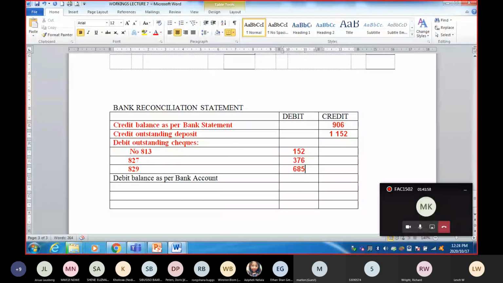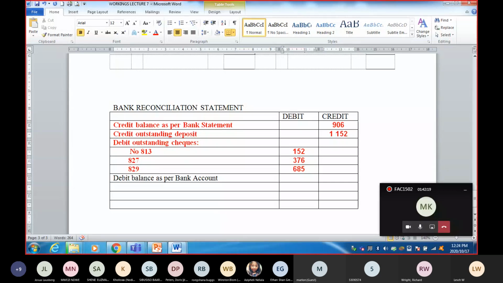It can be outstanding for 5 months, so you will have there an outstanding check, check number 813 from last month. For the current month, 827, 829, as well as check number 828 was outstanding.